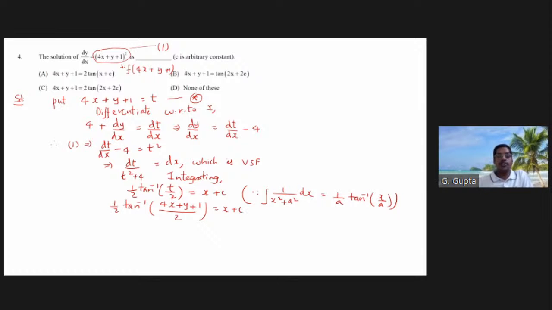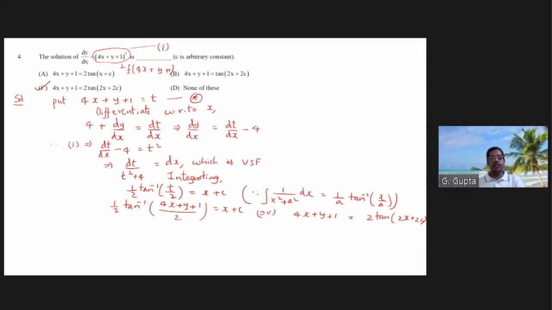Okay, so first shift this half to the right side, it becomes 2x plus 2c, and then tan inverse on the left side becomes tan on the right side, and then multiplied by 2. You will be getting 4x plus y plus 1 is equal to 2 times tan of (2x plus 2c). So accordingly, answer is option C.